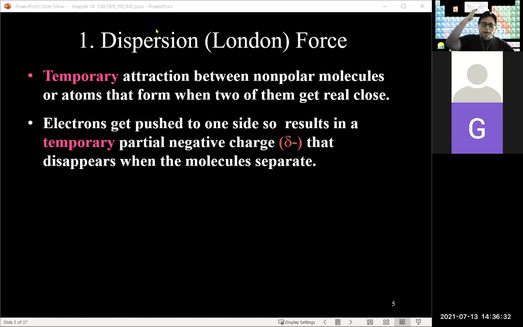You rub it on your head, place it on your chest, and it sticks to your chest. What do you think might be happening there? Electrons attracting.